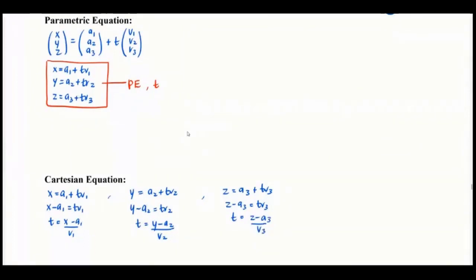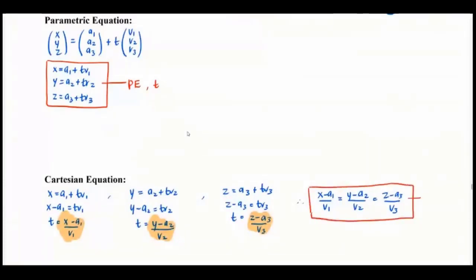So for the Cartesian, we're gonna have to equate for these three parts, we're gonna have X minus A1 over V1 equal with Y minus A2 over V2, and then Z minus A3 over V3. Kita equatekan ketiga-tiga ni. Sebab semua subjek dia adalah T. Okay, so this one represent your CE, Cartesian equation. Okay, is that clear?